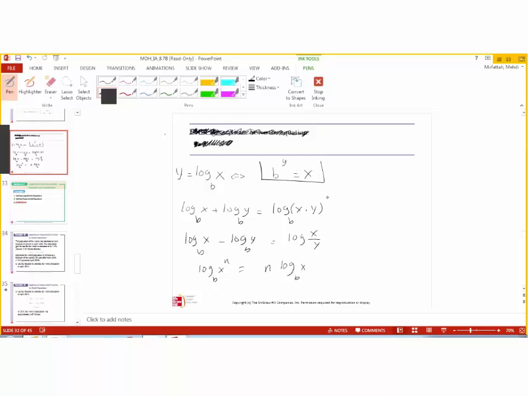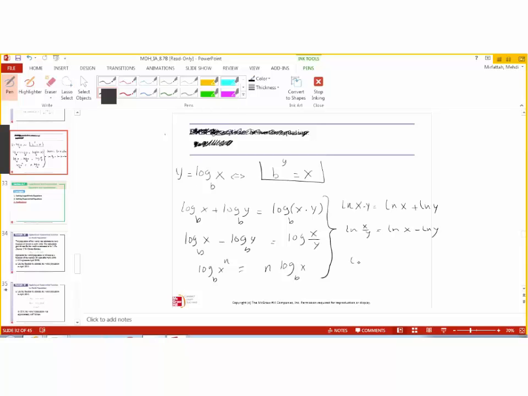And then these three also work for the ln. ln of xy is equal to ln of x plus ln of y. Same. ln of x over y is also equal to natural log of x minus natural log of y.